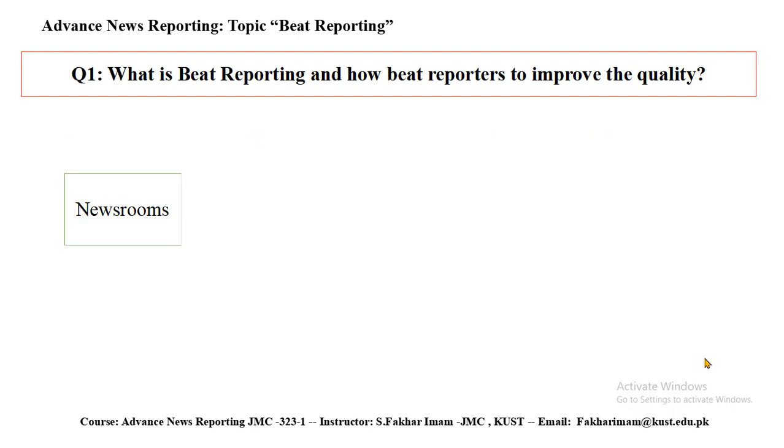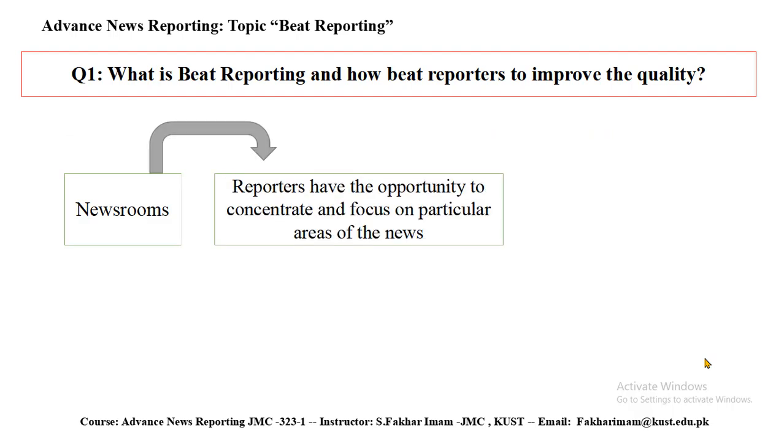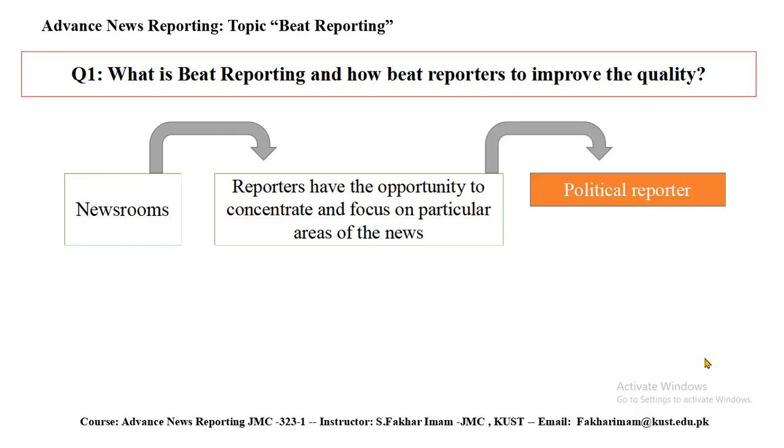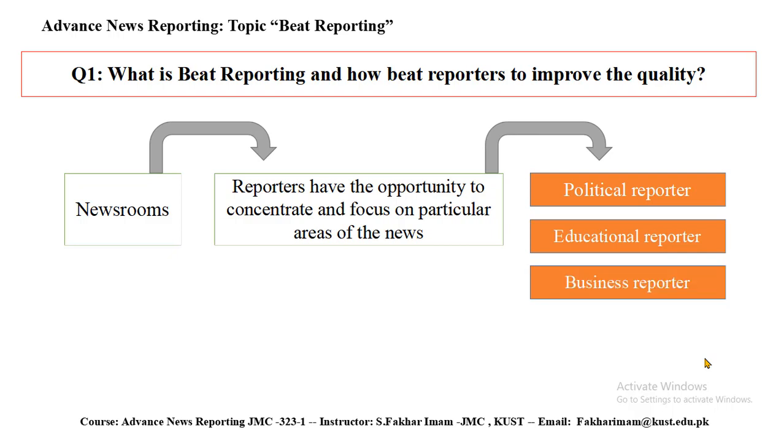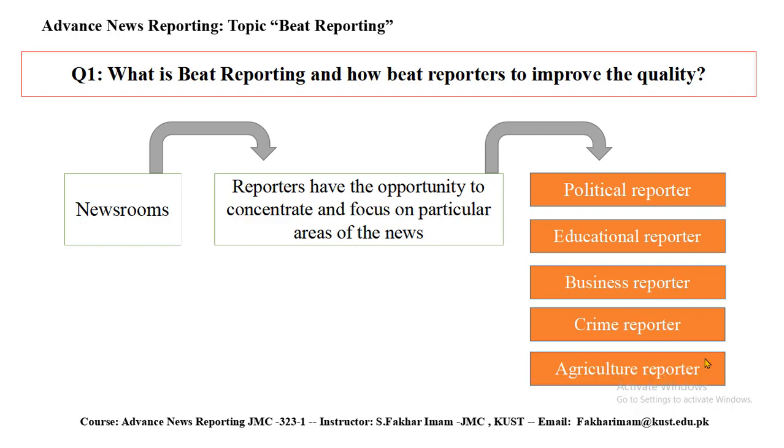In many newsrooms, reporters have the opportunity to concentrate and focus on a particular area of the news. In a newsroom, one person may be a political reporter, one may be an educational reporter, one may be a business reporter, one may be a crime reporter, and one may be an agriculture reporter.